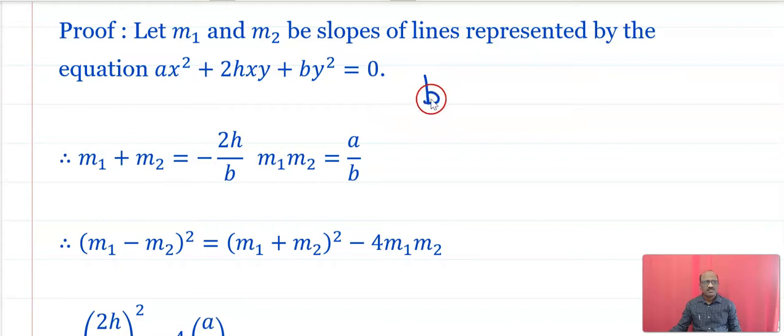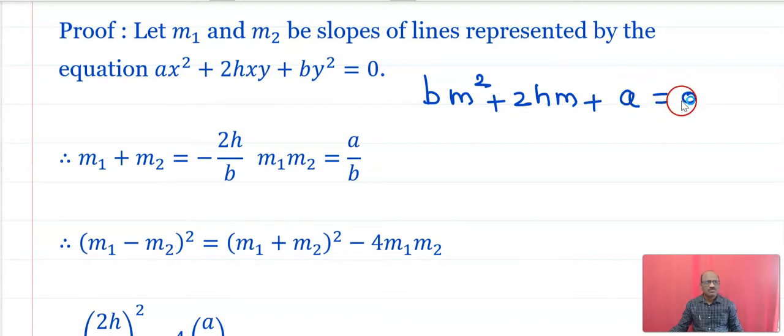That is bm square plus 2hm plus a equals 0. From this equation, which is a quadratic in m, we find the sum of the roots. Therefore, m1 plus m2 is equal to minus 2h upon b, and m1 into m2 is equal to a upon b.